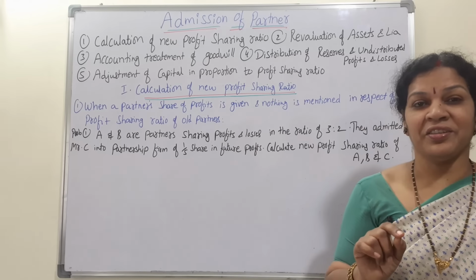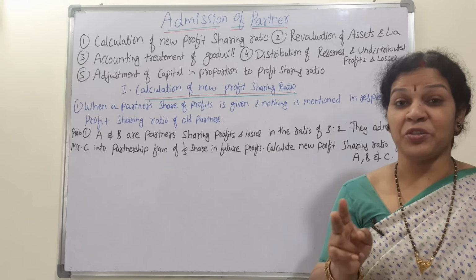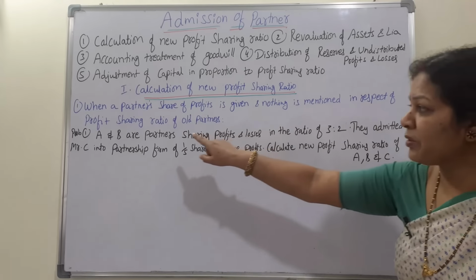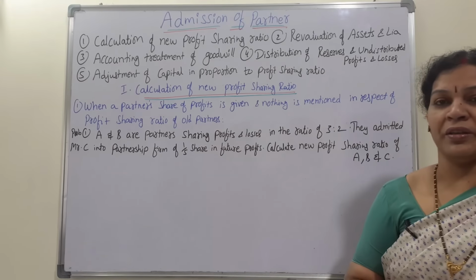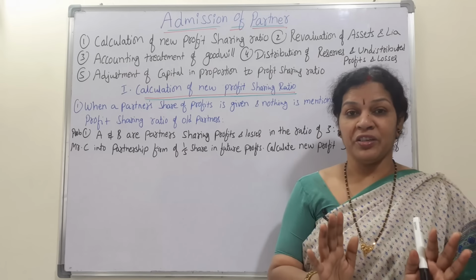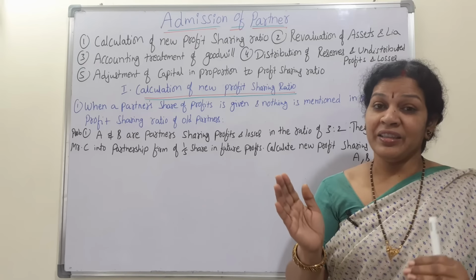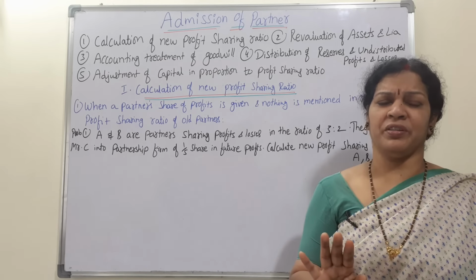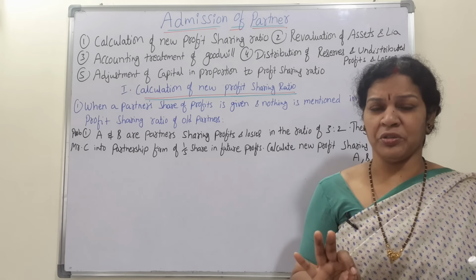Like partners are sharing profits and losses in the ratio of 1:1, that is given, and nothing is mentioned in respect of the sacrifice of the old partners. The partners' sharing ratio is given, and regarding sacrifice and how much they are going to give up, nothing is given. Simple profit sharing ratio is given.